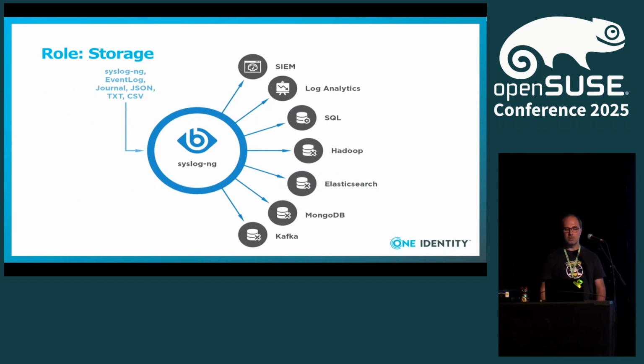Finally, you have to store log messages somewhere. Traditional log messages were saved to text files or forwarded using one of the Syslog protocols and saved to text files at the destination. There are many more possibilities now. We can send logs to various SIEMs and log analytics systems, store logs to various databases, even to Hadoop file systems, various document stores like Elasticsearch, MongoDB, message queuing like Kafka, and some others.